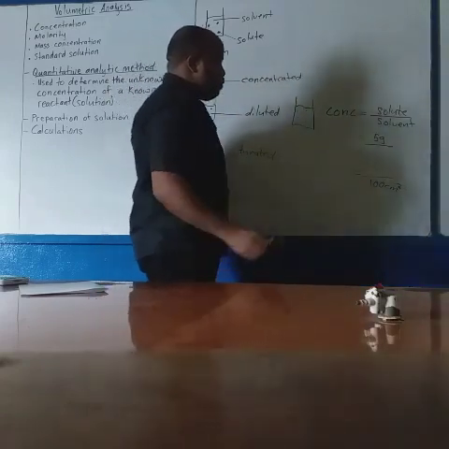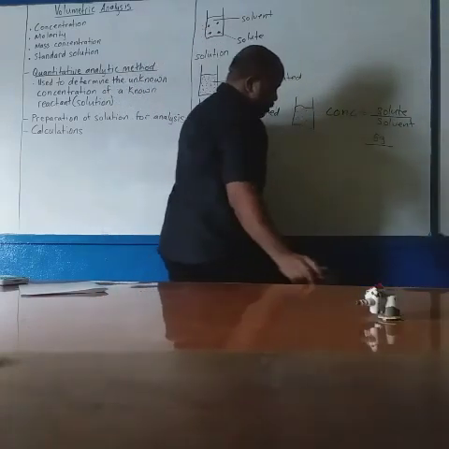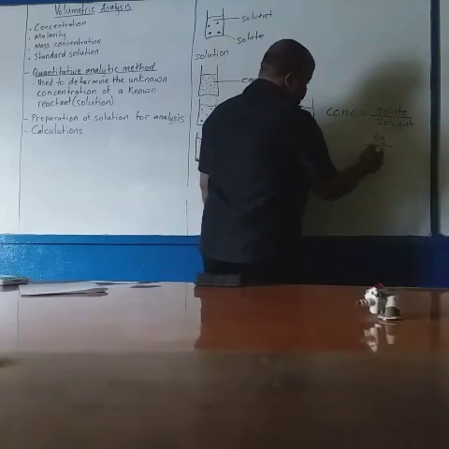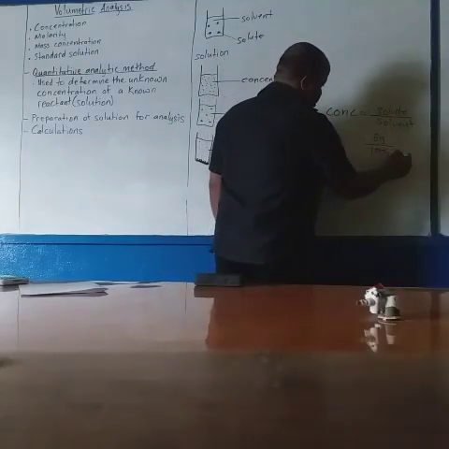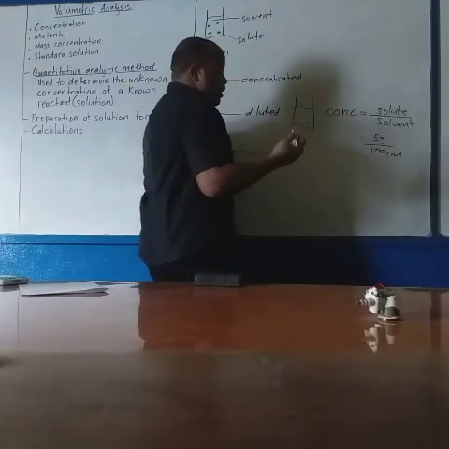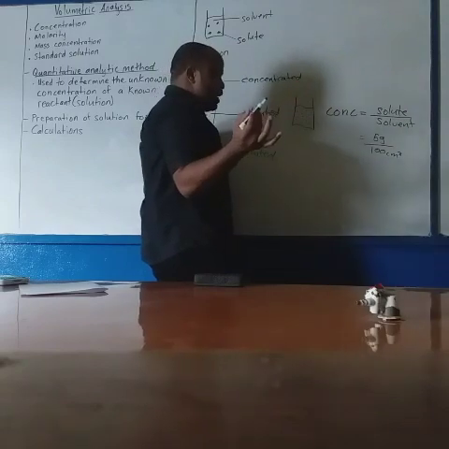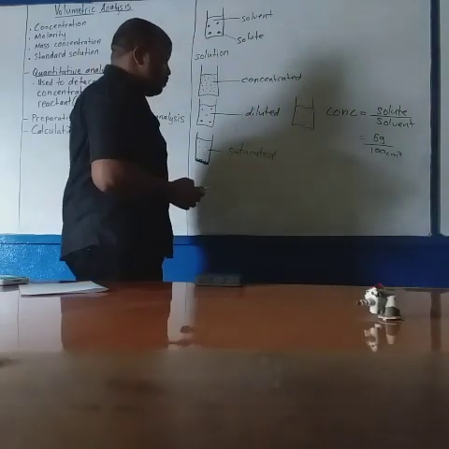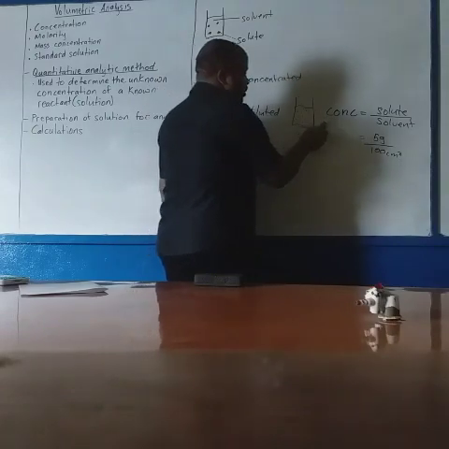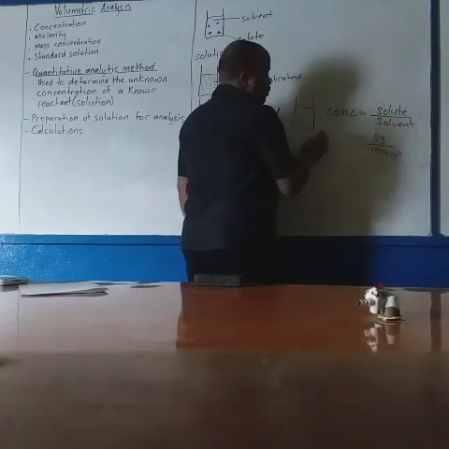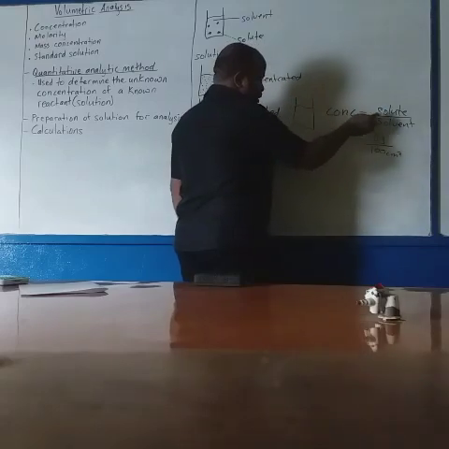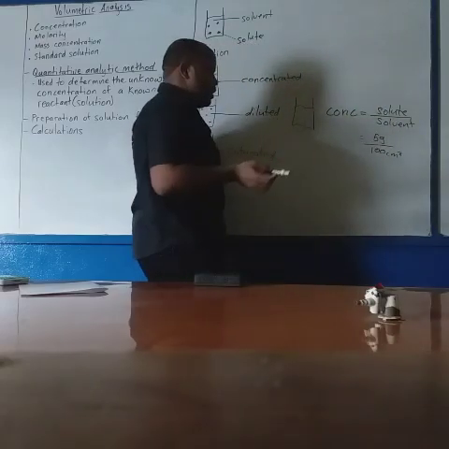You would have to know both of them. So if you put 5 grams in 100 cm³ of water, that is when you would be able to calculate concentration. So concentration is the ratio of your solute to solvent. So that's how you will need to calculate it.